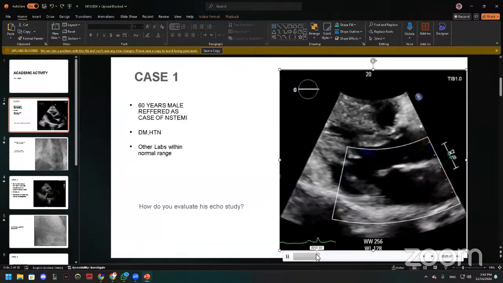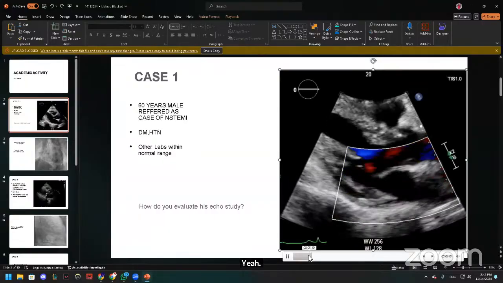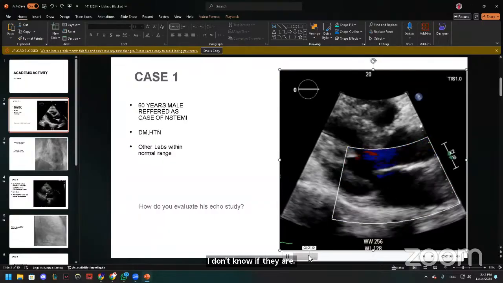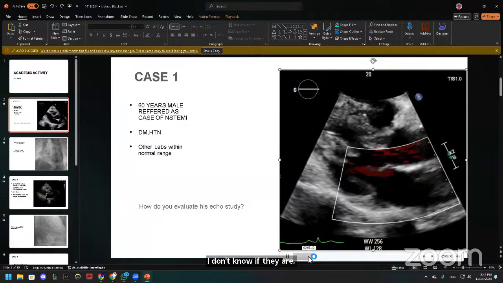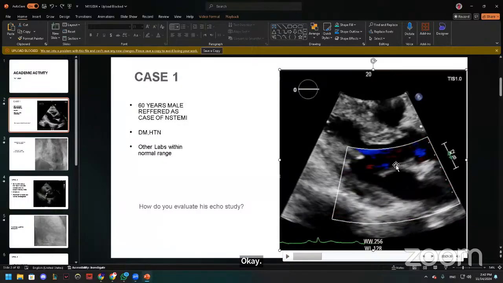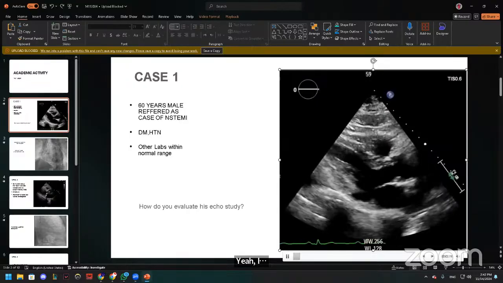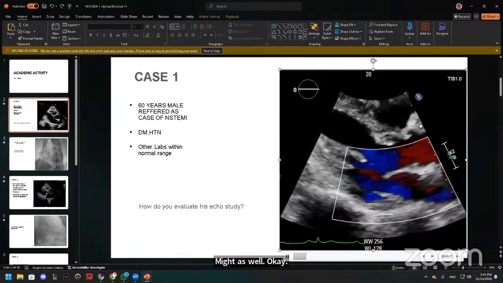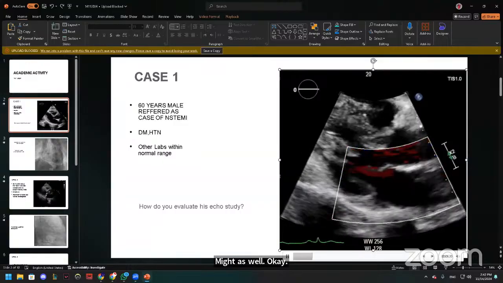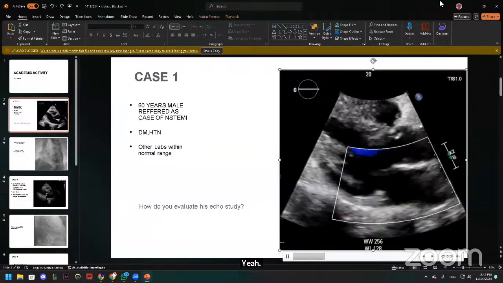I know you're slightly confused because of the color coming on top, but let's focus only on the mitral valve. Okay, I don't see any jet.